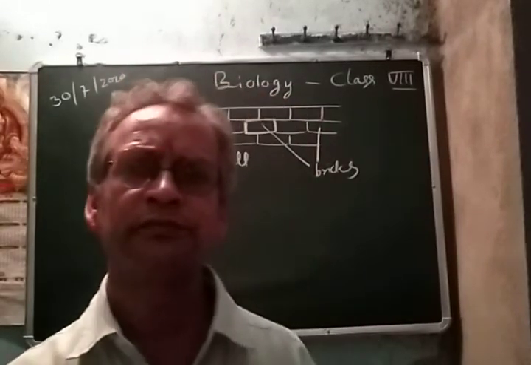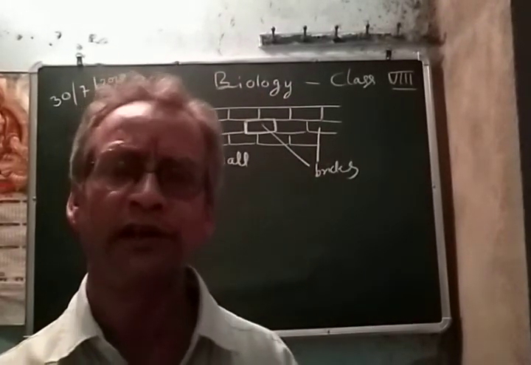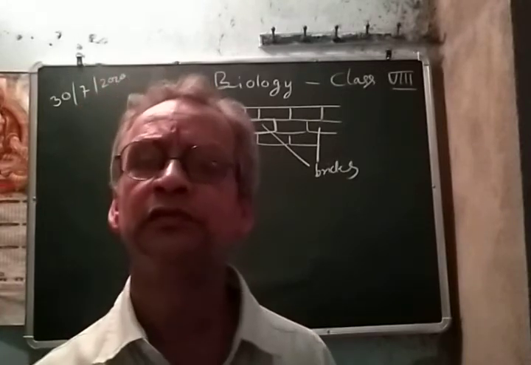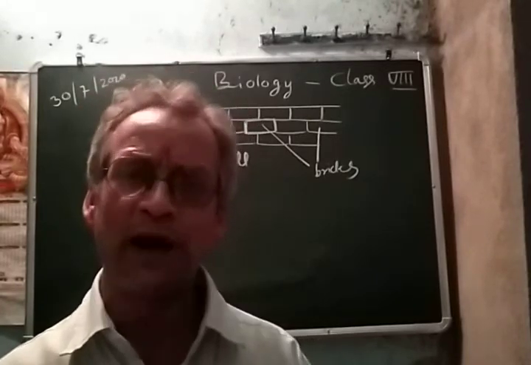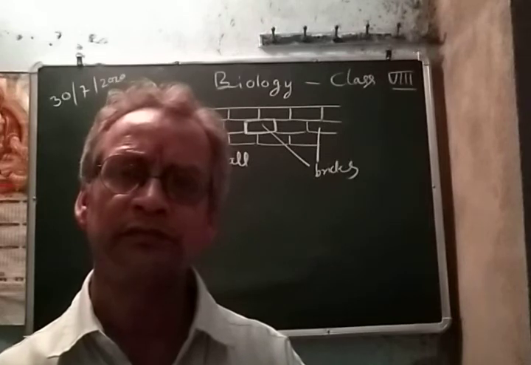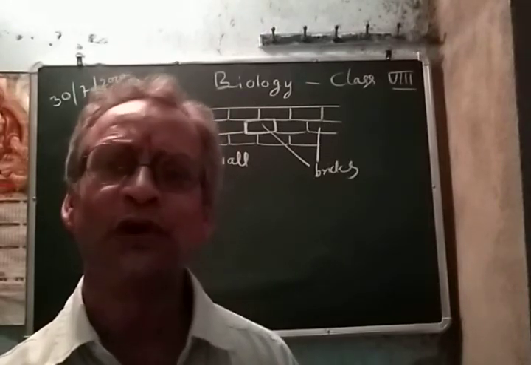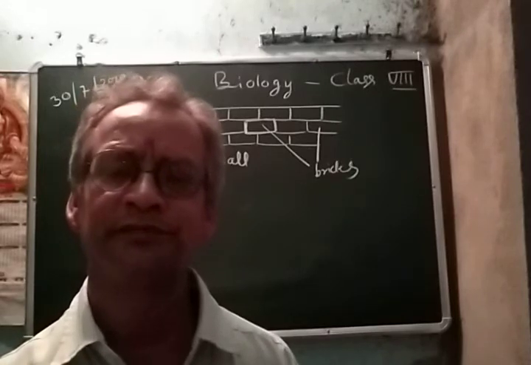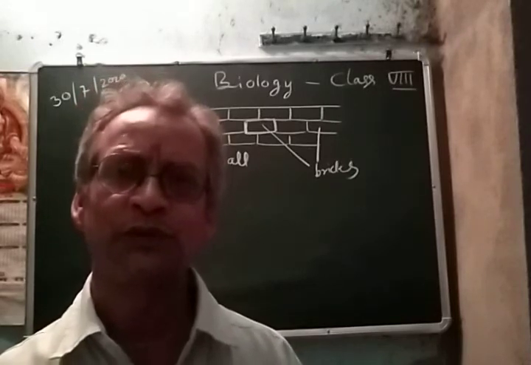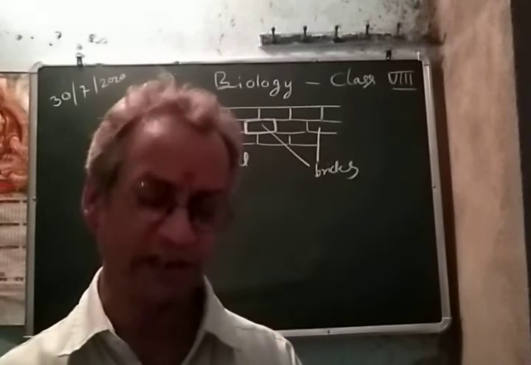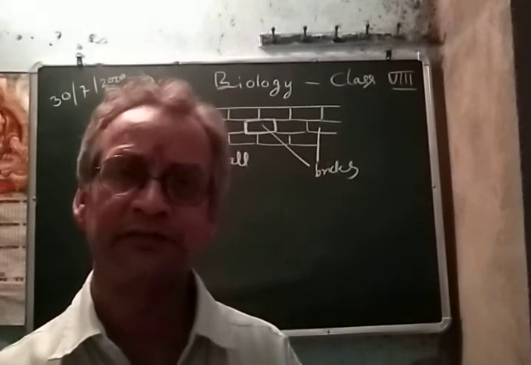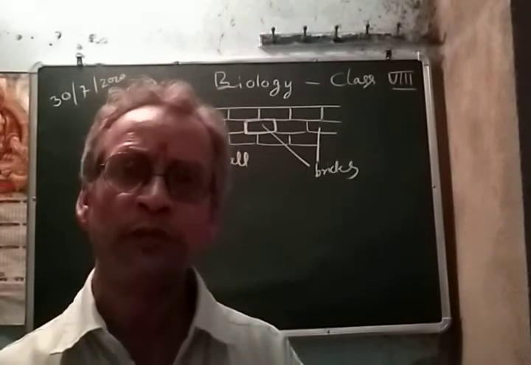The cork plant is found in the Himalaya region, and the bark of that plant is called cork, which is a light wood.